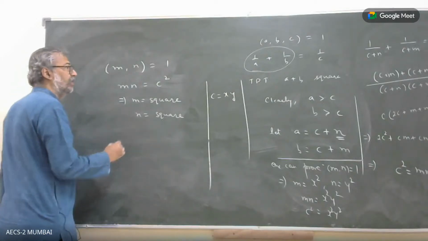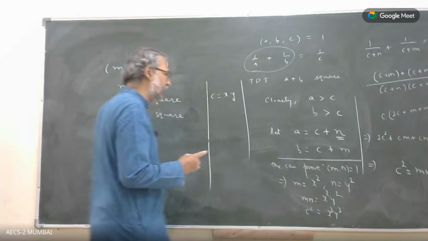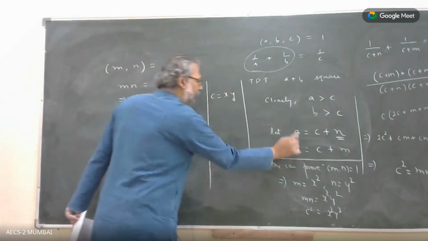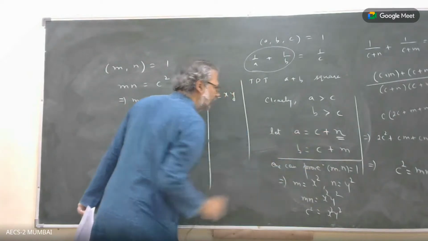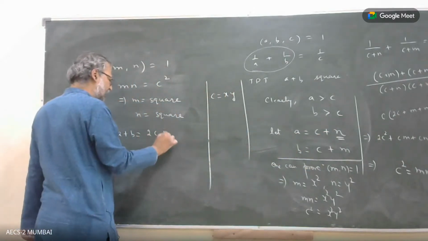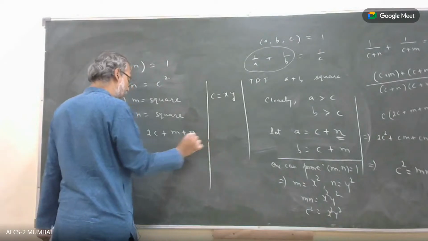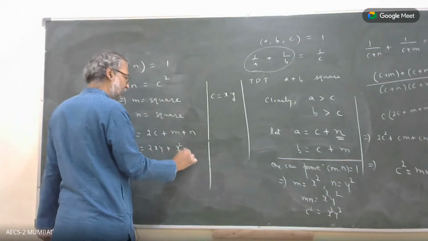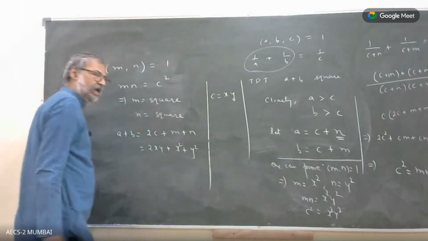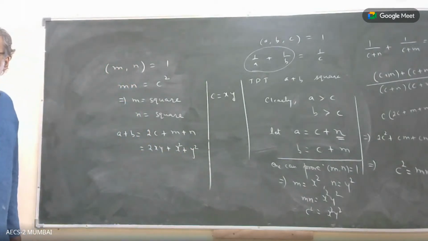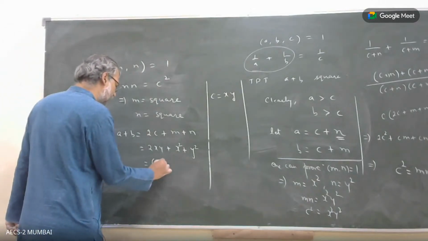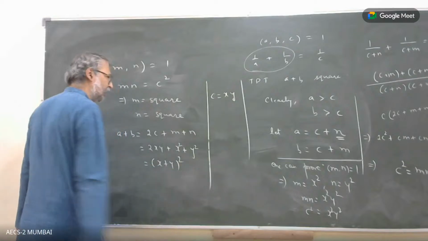Now what do we need? a plus b is a square, right? So what is a plus b? a plus b is c plus m plus c plus n, that is 2c plus m plus n. And what is c? c is xy. What is m? m is x square. What is n? n is y square. So what do we get? a plus b is x plus y whole square.